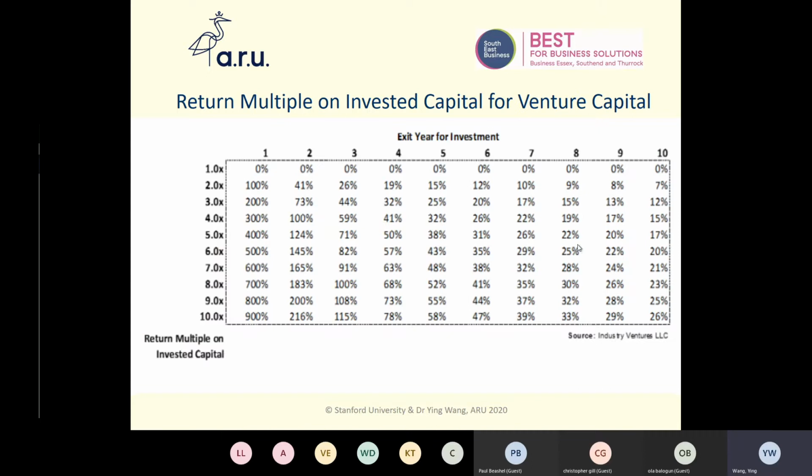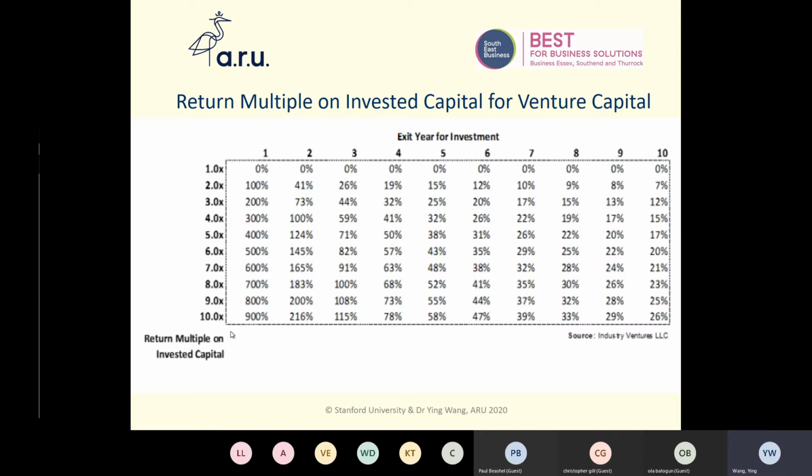And this table gives you the return multiple on invested capital for venture capital. It gives you some idea about what they look for, what projects they tend to invest in. Let's take venture capital investing in a business for 3 years. That's 3 on the horizontal axis, the years of investment.